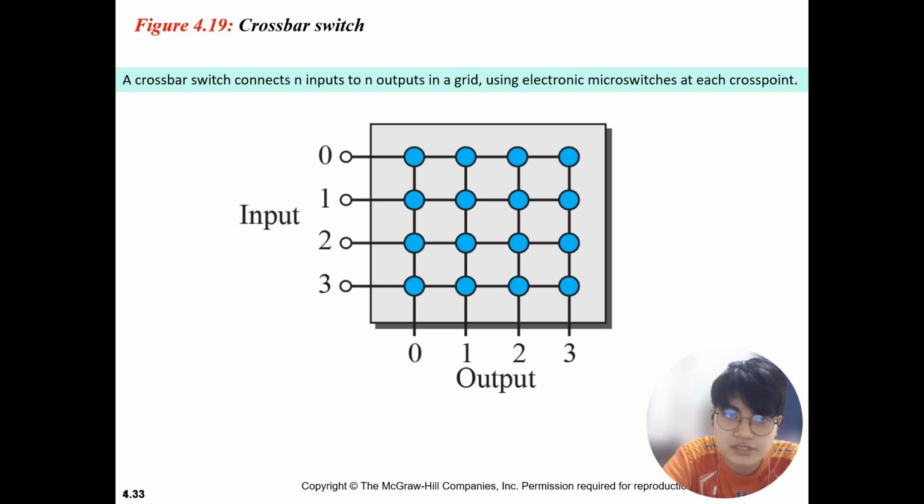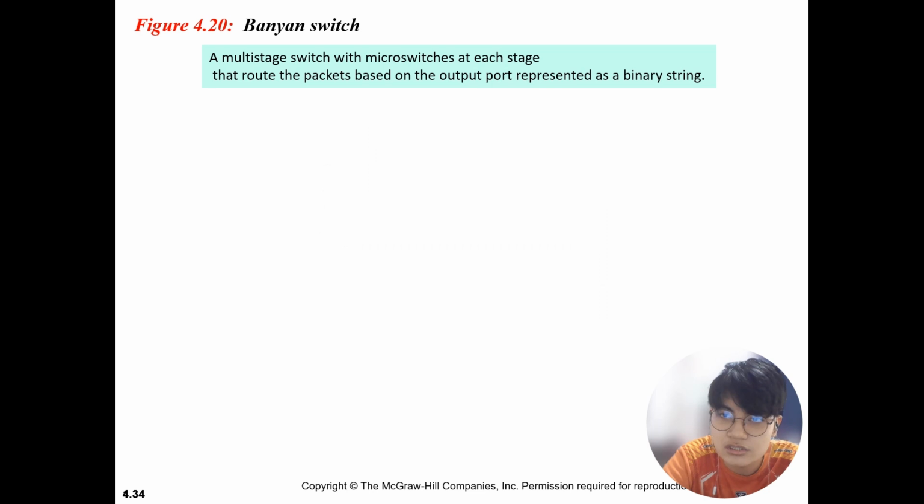A crossbar switch connects an input to an output in a grid using electronic microswitches at each crosspoint. Banyan switch: a multistage switch with a microswitch at each stage that routes a packet based on the output port, represented as a binary string.